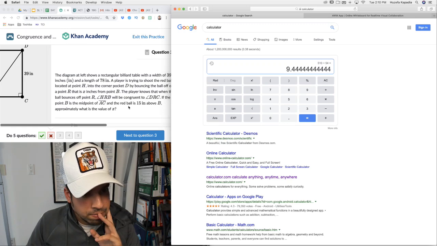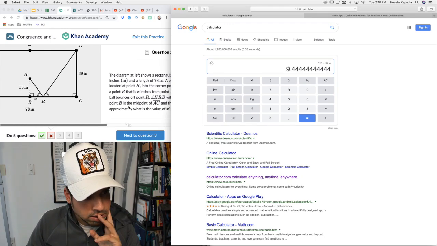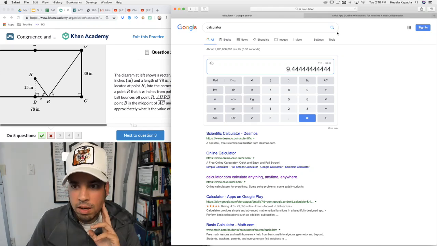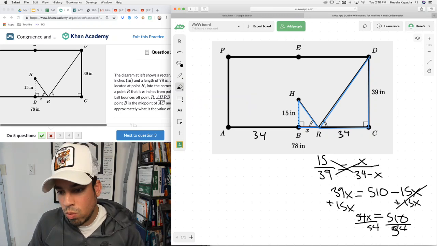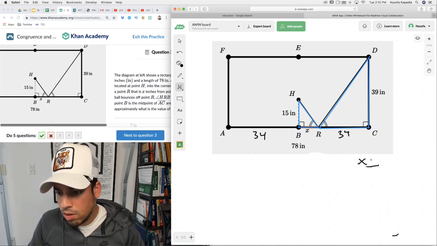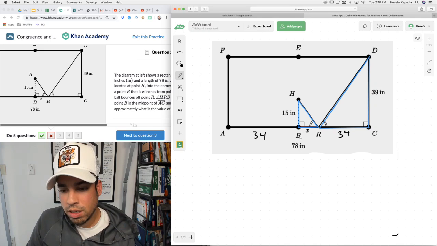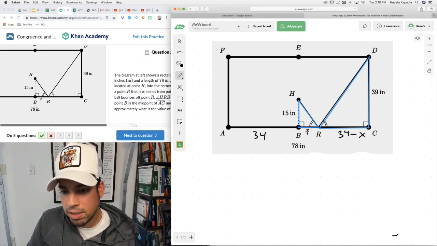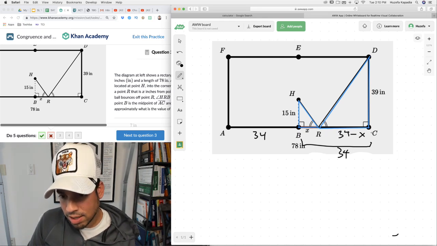Okay, hold on. There's a width of 39 inches and a length of 78. That's the midpoint. All right, let me try one more time. I'm going to set all this up one more time, just to see if I can catch whatever mistake I made. We got two right triangles. They're congruent. This is 34 minus x, and this is x, right? Because this whole thing is 34. So 34 minus x is this length.